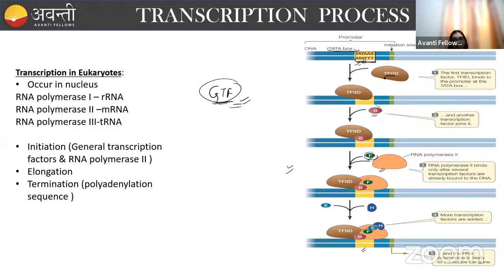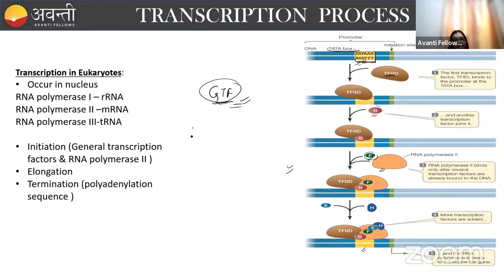So don't memorize these factors' names, but just remember that in case of prokaryote, the RNA polymerase directly binds to the promoter. But in case of eukaryote, the RNA polymerase does not bind directly. There are some general transcription factors present, which help the RNA polymerase to bind to the promoter.